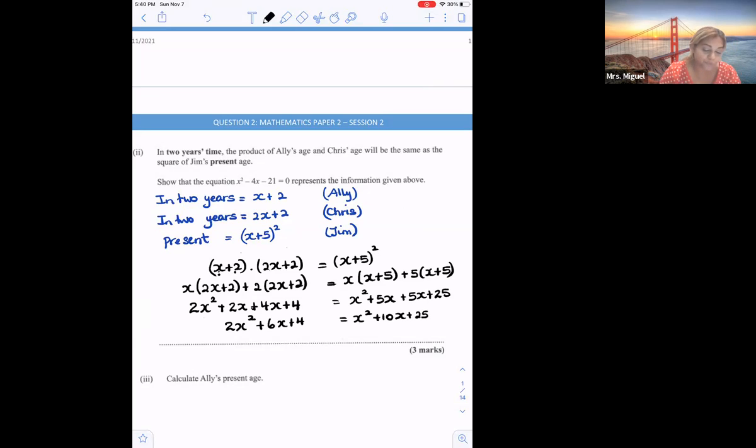So all we have to do is move all the terms to the opposite side and change the sign. 2x squared minus 1x squared plus 6x minus 10x plus 4 minus 25 is equal to 0. So here I will get x squared minus 4x minus 21 is equal to 0.